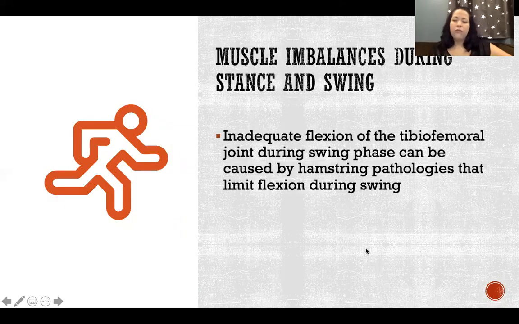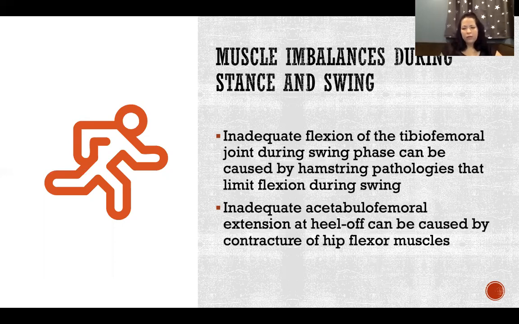Okay, inadequate flexion of the tibiofemoral joint during swing phase could be caused by hamstring pathologies that limit flexion during swing. So if the hamstring isn't contracting normally, then it might not flex the knee sufficiently during swing. Inadequate acetabulofemoral extension at heel off.